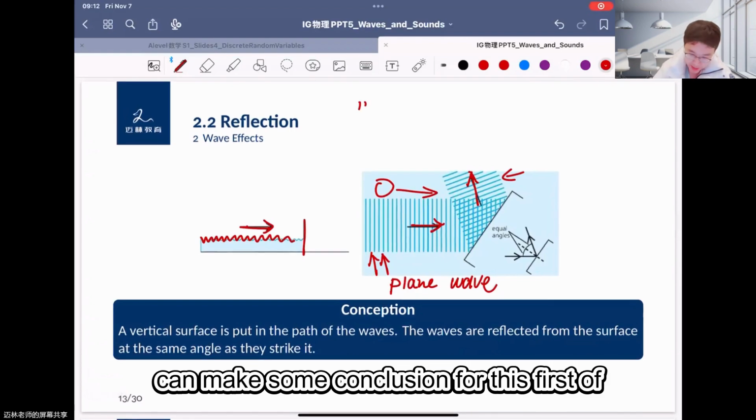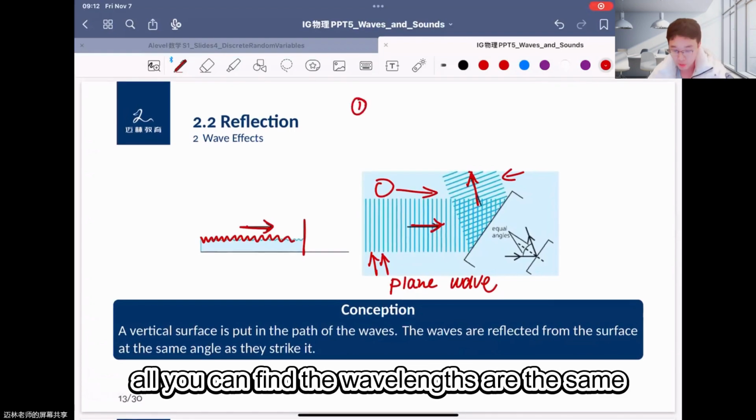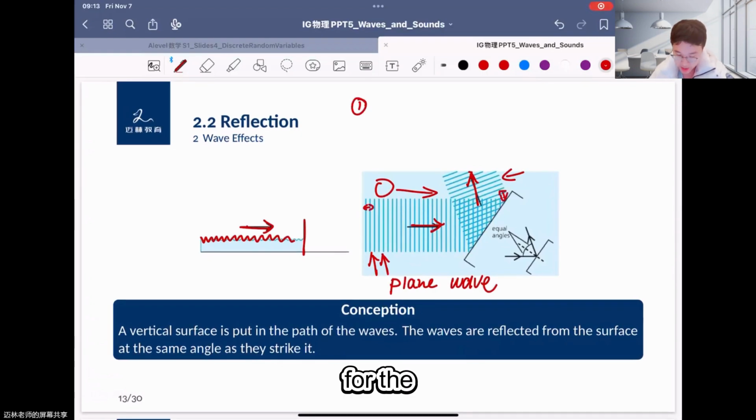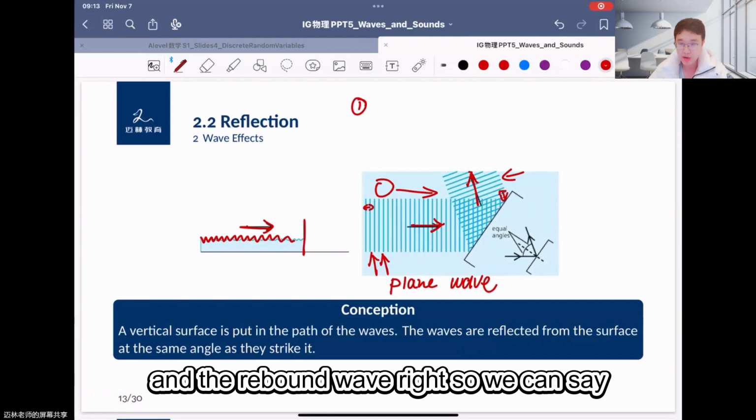Here we can make some conclusions. First of all, the wavelengths are the same for the initial wave and the rebound wave.